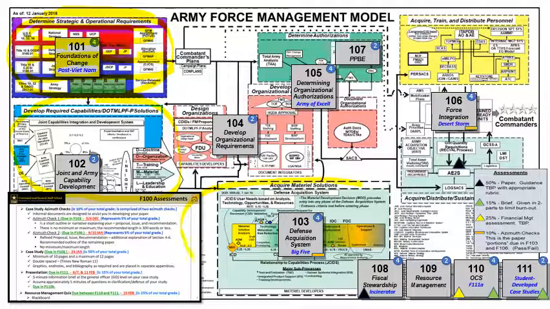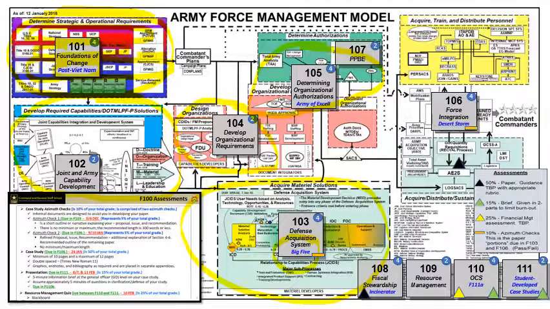F103, you'll look at the Defense Acquisition System, and again have that case study on the Big Five. For F104, you'll look at developing organizational requirements, 2-hour block of instruction. For F105, you'll look at determining organizational authorizations and total Army analysis.